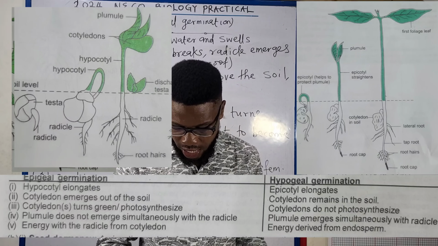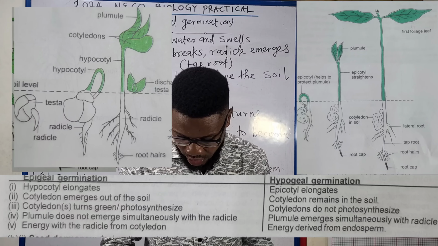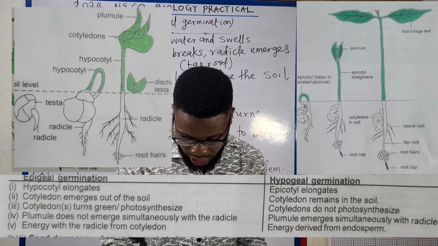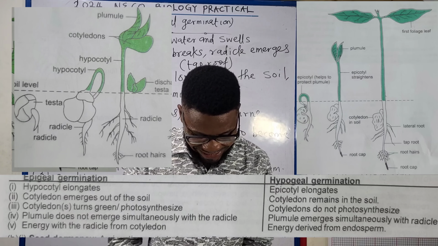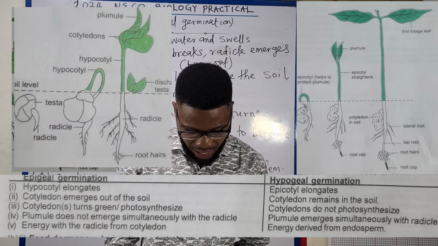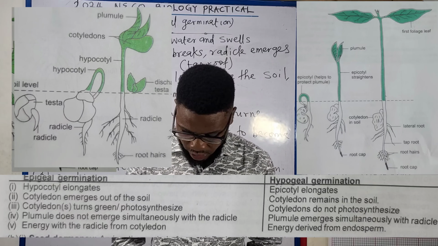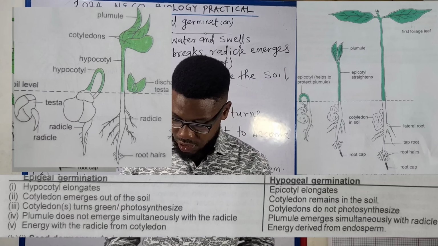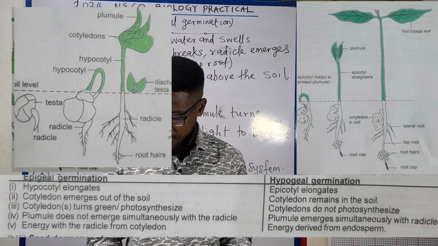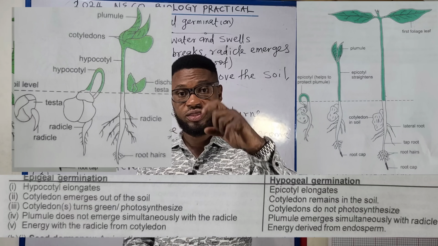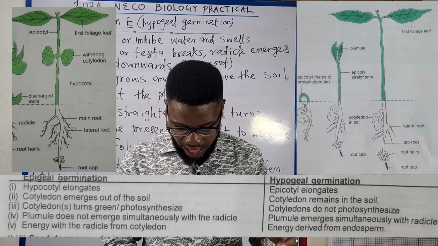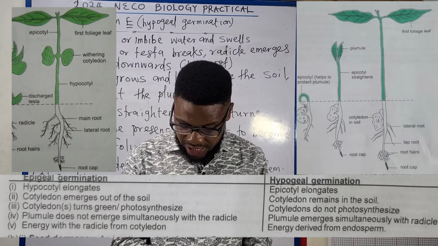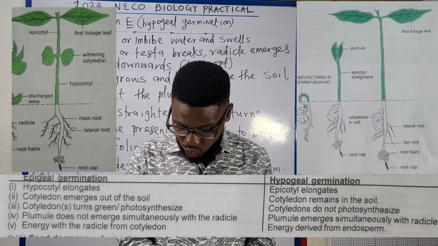Later on, that is when the plumule is going to develop. So when you look at epigeal germination, the plumule does not emerge simultaneously with the radicle, but in the case of hypogeal germination, the plumule emerges simultaneously with the radicle. Also, the energy and the radicle itself here come from the cotyledons.